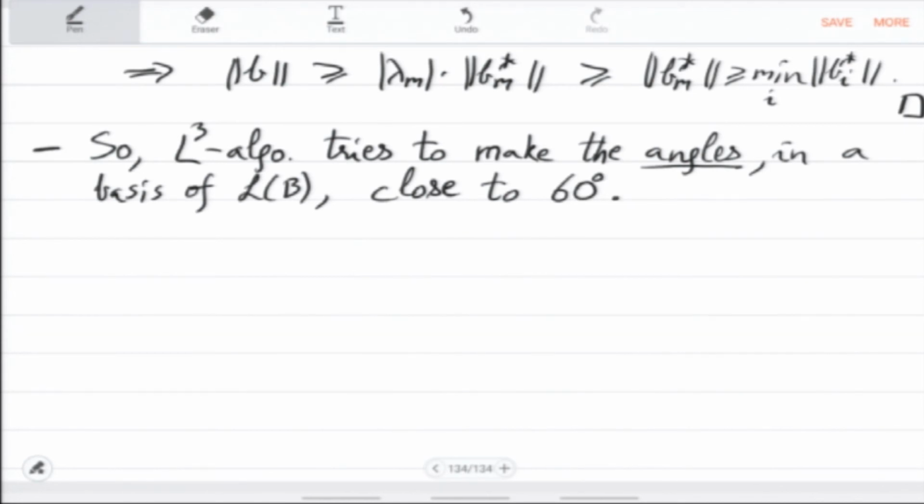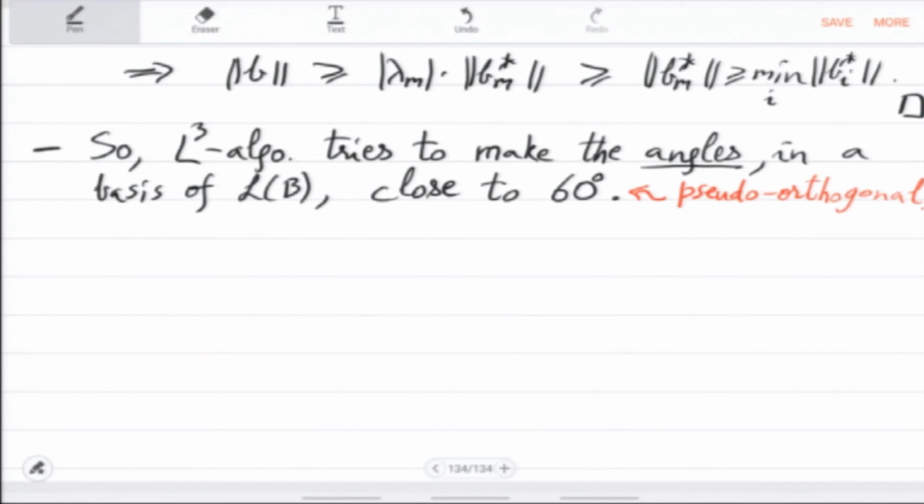Okay. So instead of trying to achieve 90 degrees, which is what orthogonalization is, the L cube algorithm actually tries to get to 60 degrees. So you can call this pseudo orthogonalization. Okay, so it tries to pseudo orthogonalize the basis of the lattice because an orthogonal basis may not exist, right? So you can only work with some approximation.